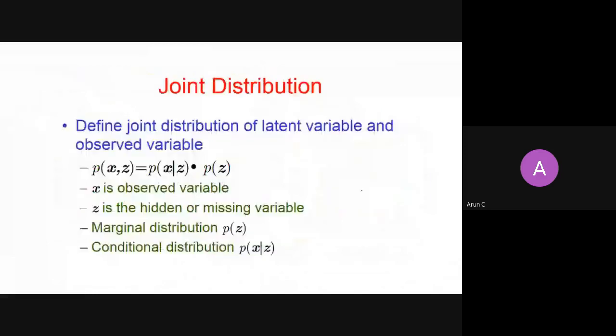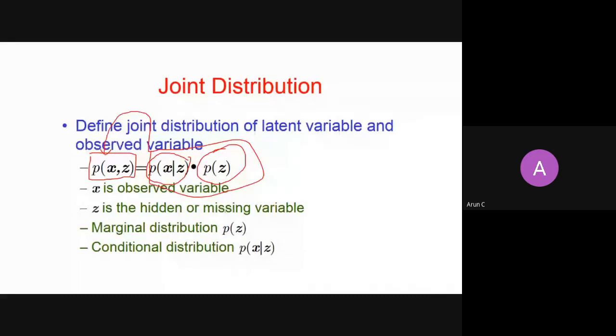So the rule of the game is the same. We have a joint distribution over x comma z. I find the probability of z, then the probability of x given z, and I multiply them. That is nothing but the joint distribution of x comma z, right?